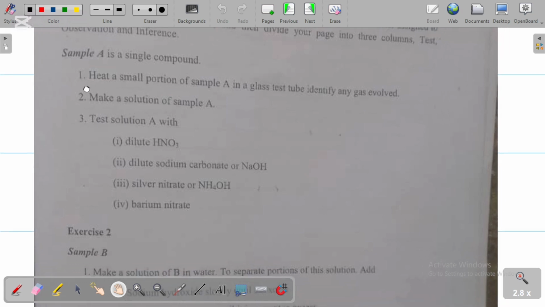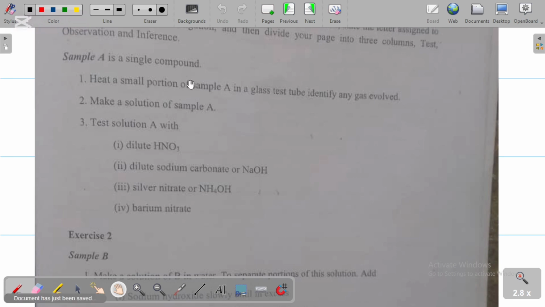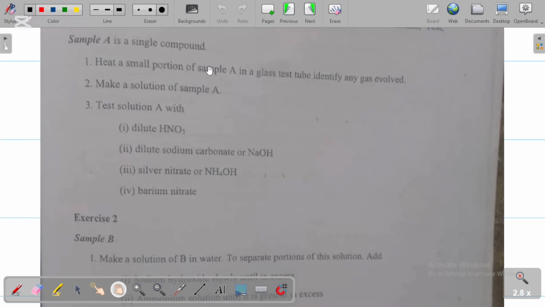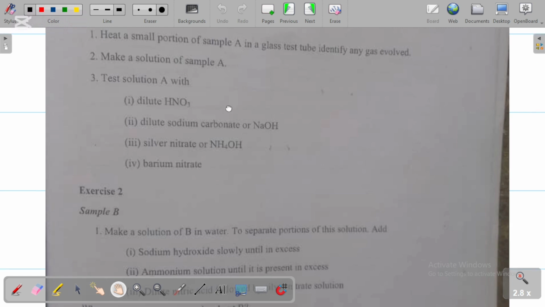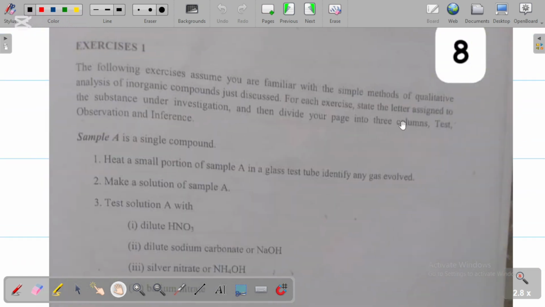The first one here says, heat a small portion of sample A in a glass test tube. Identify any gas evolved, which you did in the chemistry lab. The second one here says, make a solution of sample A. Remember, we are told to create three columns.